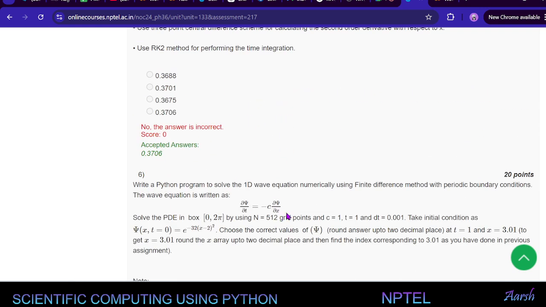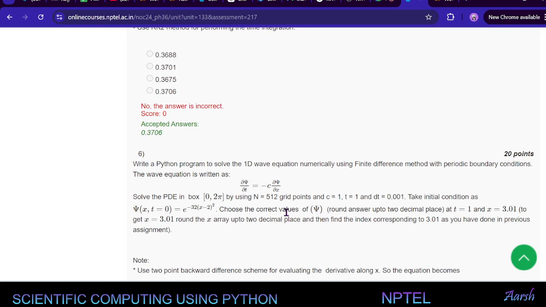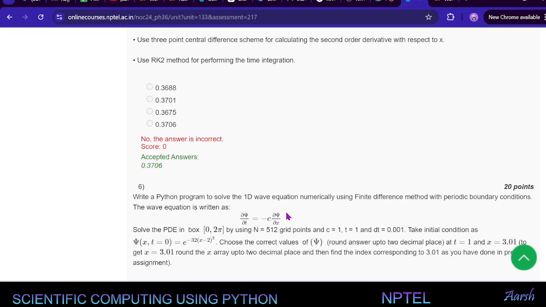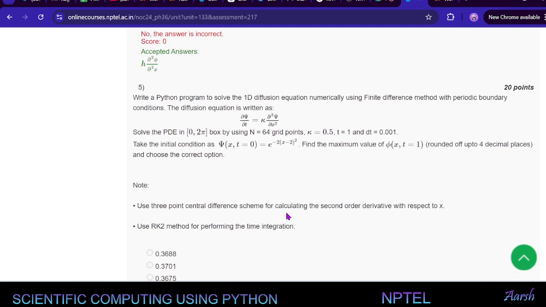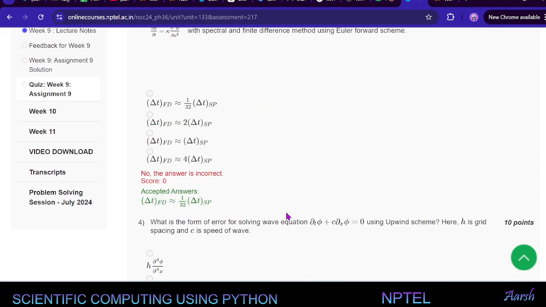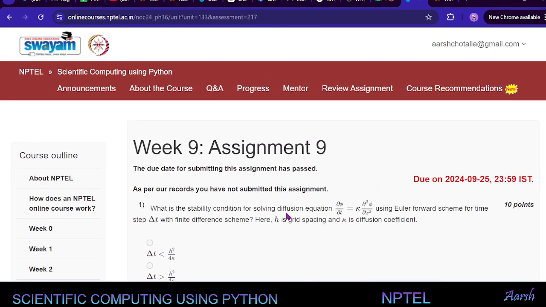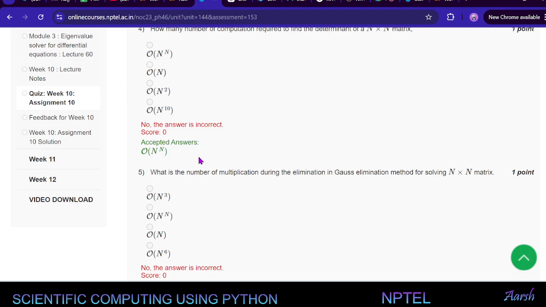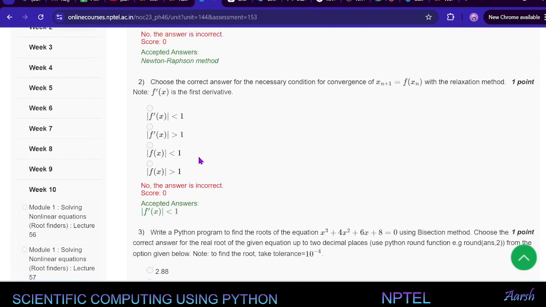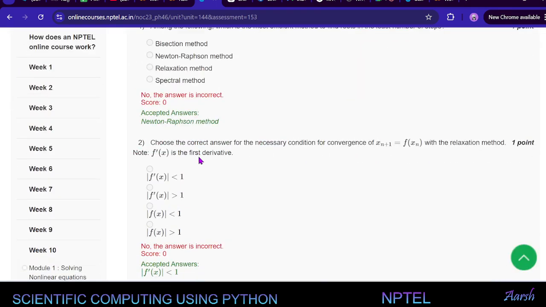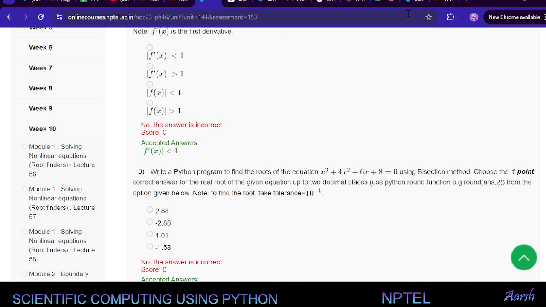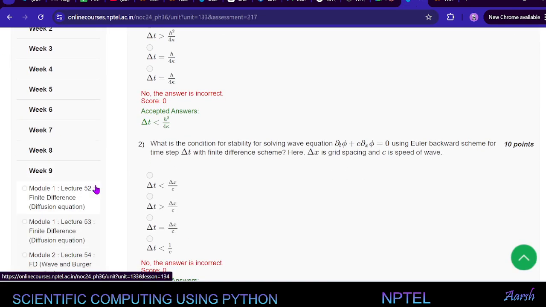Most likely it's the same thing. If you look at the form of the problems, it's almost the same. You just have to change the parameters. But still, there could be some problems which are not solved at all. For example, this time there are some questions on shooting methods or something. I don't know. Let me check.